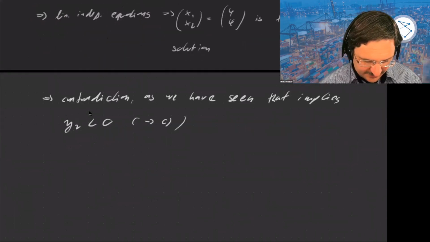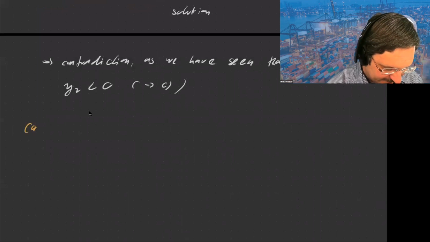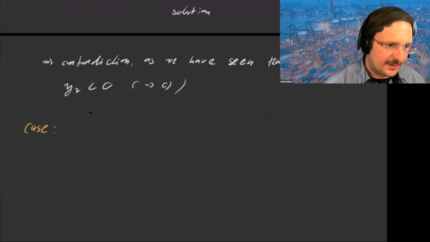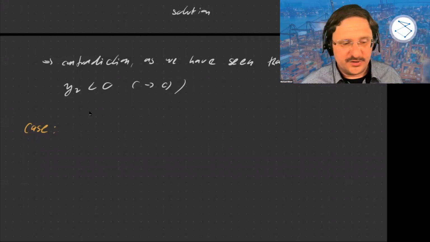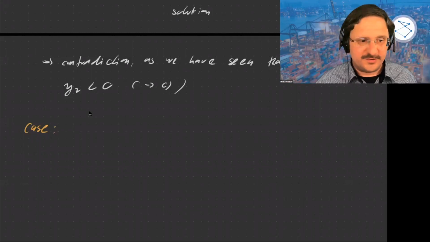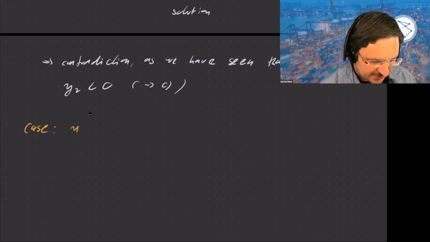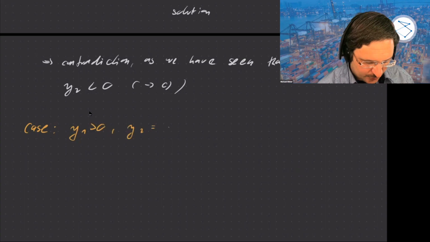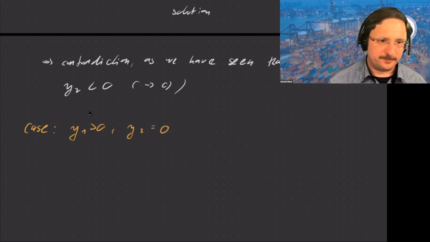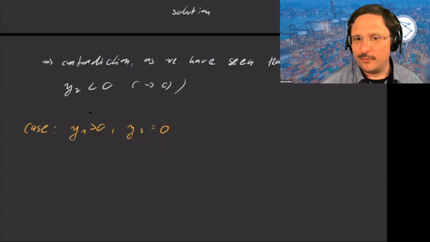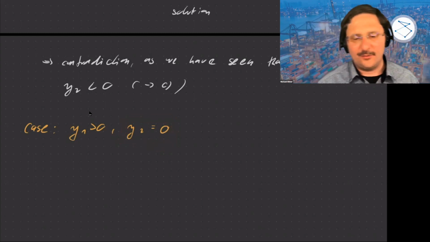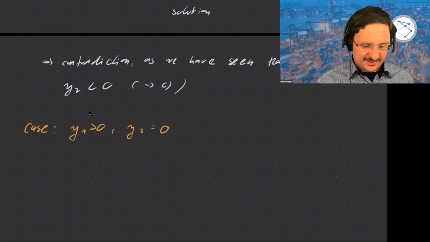All right, so let's try the next case. Next case is exactly one of those two is positive, and the other one is going to be 0. And we'll start with y1 being positive and y2 being equal to 0. And notice that this way, y2 equal to 0, we have one more equation, right?